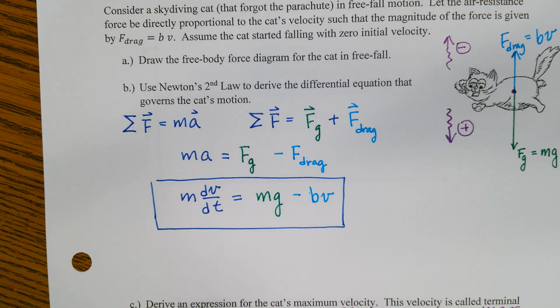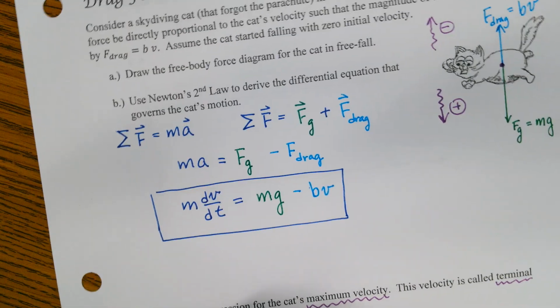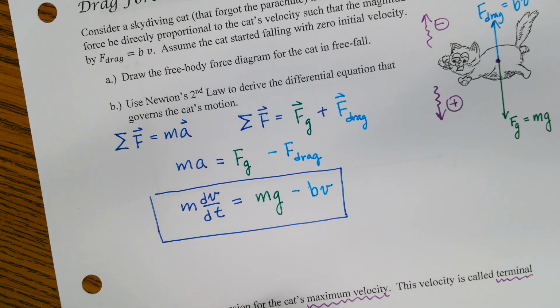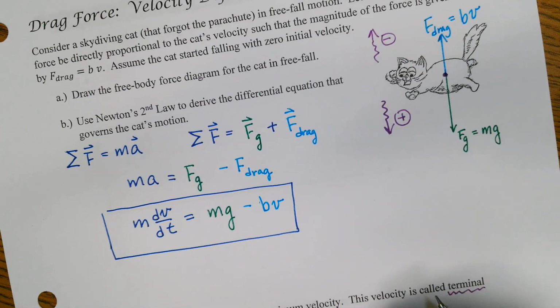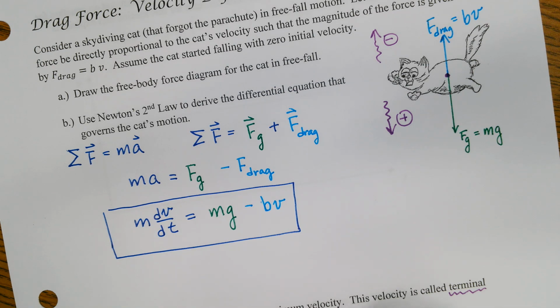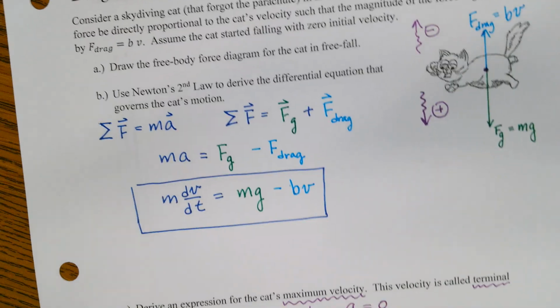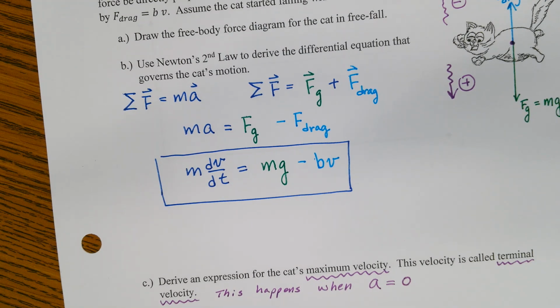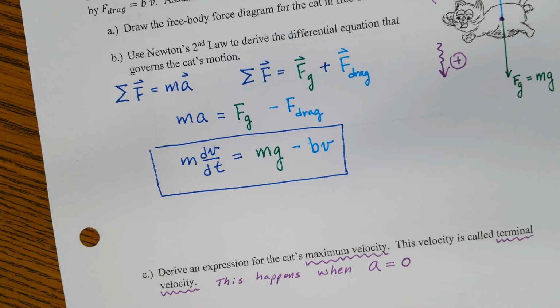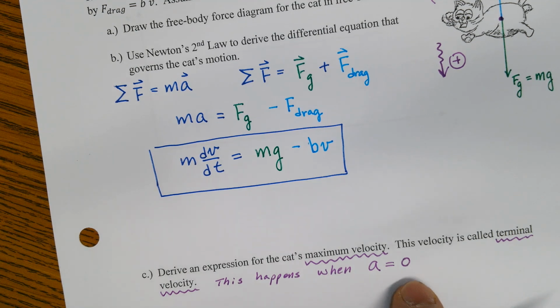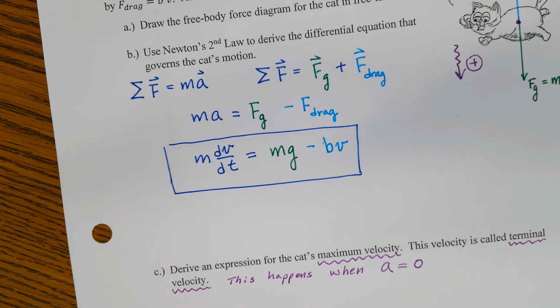Now, terminal velocity happens when the acceleration of the cat is equal to 0. Okay? So terminal velocity or the maximum velocity happens when the acceleration goes to 0.